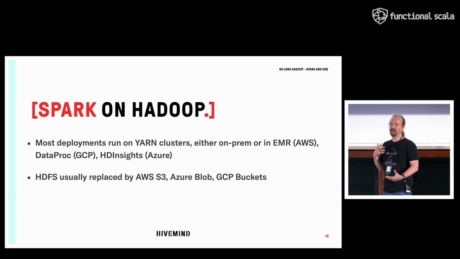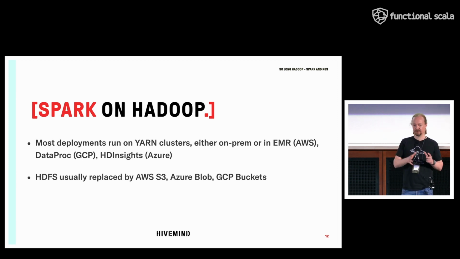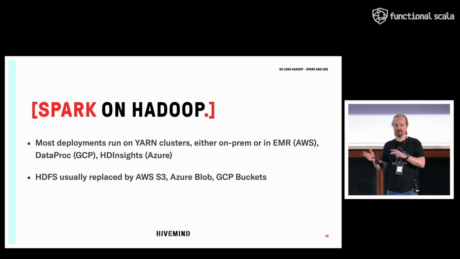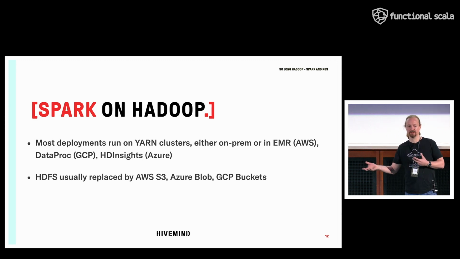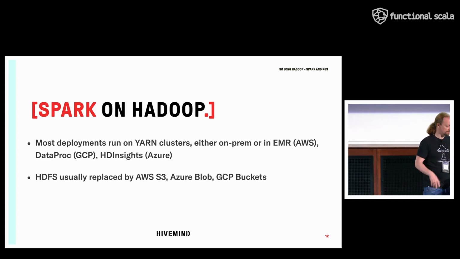So nowadays, it's really just about running Spark jobs with Yarn on a Hadoop cluster rather than using most of the tooling that came with Hadoop, because we have those cheap object storages in the three and other cloud providers.